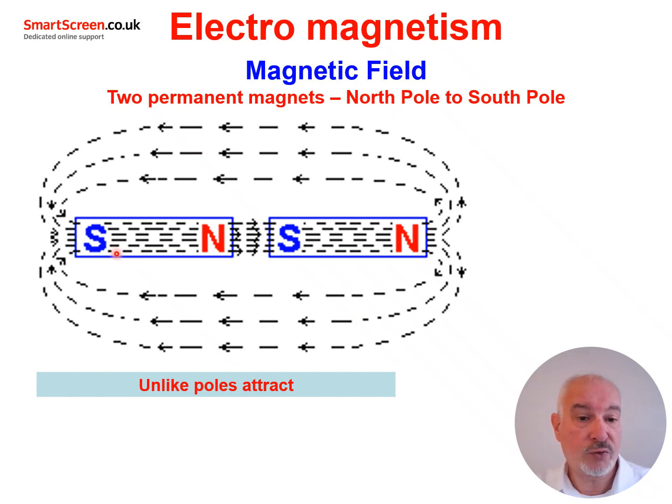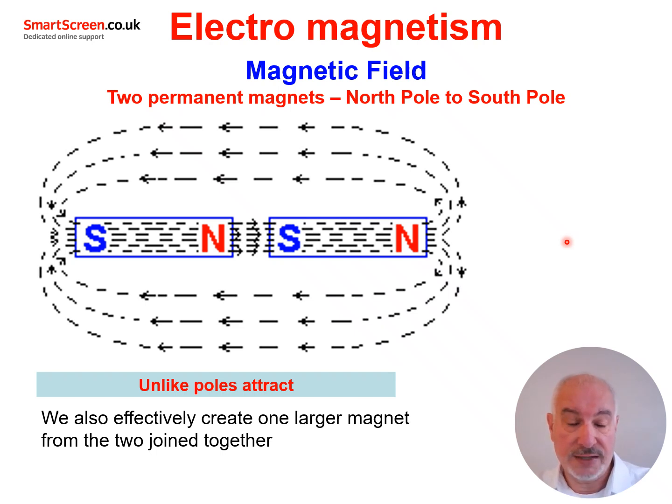And then we've got a South Pole at one end of this new combined magnet and a North Pole at the other end, so the lines of flux will flow from north to south, and we see the same at the bottom, from north to south. And internally this now becomes one magnet. It will be lines of flux flowing from south to north, and that goes all the way through these two combined magnets into one. So we see here that unlike poles attract, and effectively we can create one larger magnet out of the two joined together.